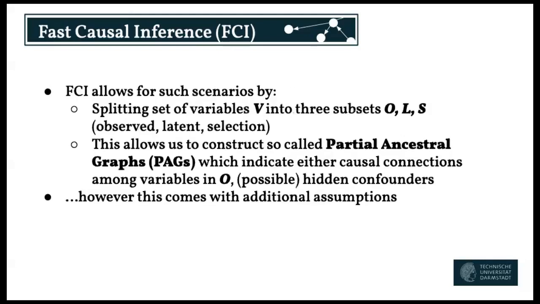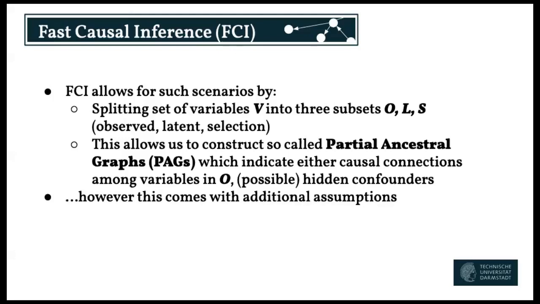And what FCI is doing, essentially, is splitting the set of variables into three subsets: the observed ones, denoted by O, latent ones, which are hidden, you cannot see or measure them, and selection variables, which are related to handling the selection bias, essentially.